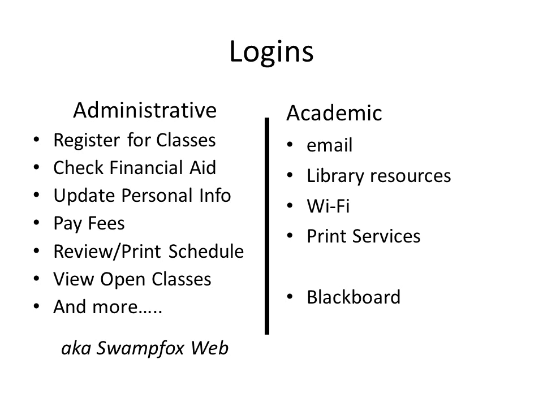So the administrative systems and SwampFox Web are synonyms. They mean the same thing. On the academic side of the house, those are the systems that are in support of your academic pursuits. So it's the library resources, print services, email, wireless networking, and Blackboard.